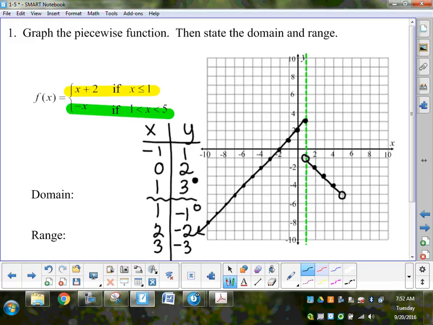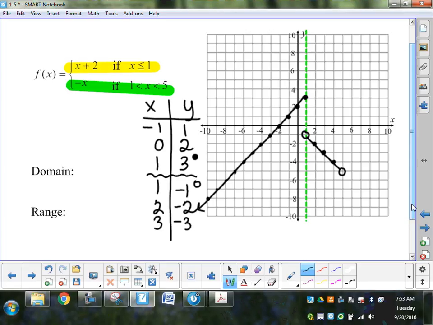Looking at what's there, Emma asks, what would the domain on this be in interval notation? Negative infinity to what? 5. Terrific. It goes up to but does not include 5. What about our range on this? Michael, what do you say?